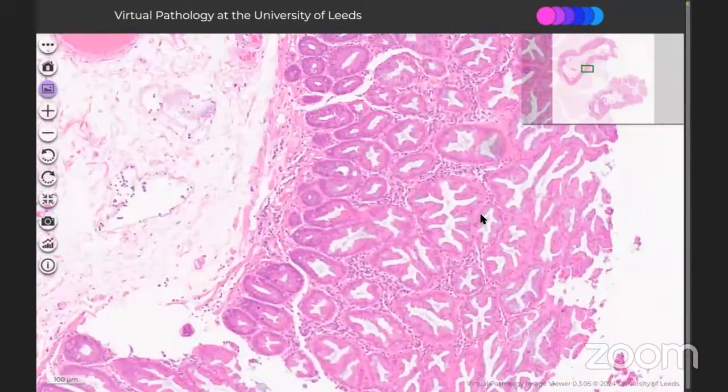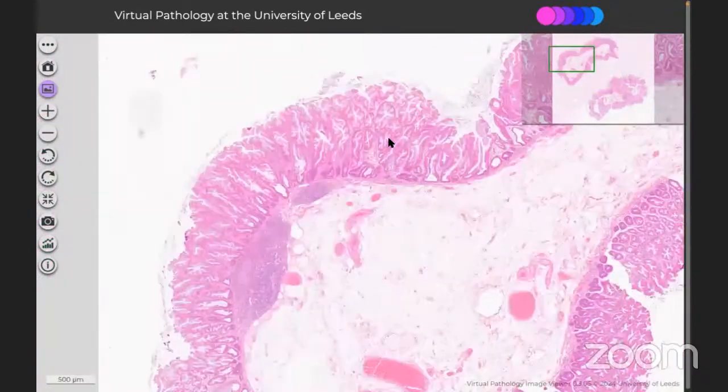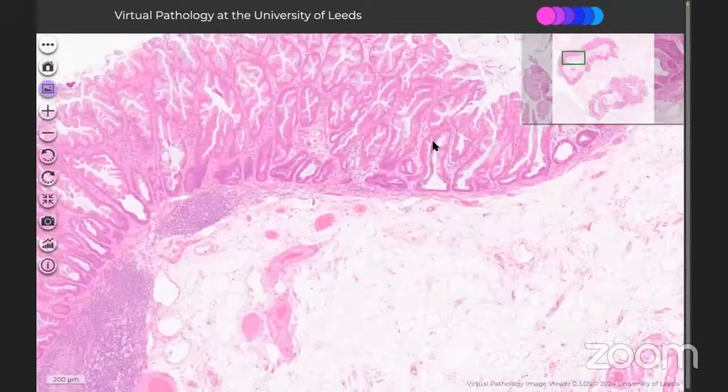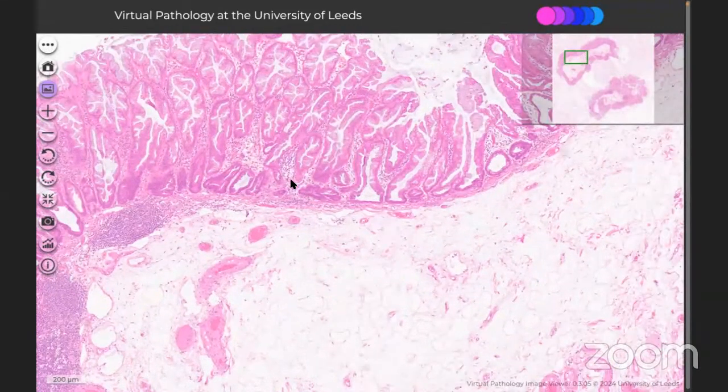If we go to this field where the crypts are better oriented, we see that crypts are going down up to the muscularis mucosae and spreading over the muscularis mucosae in an inverted T or inverted L shaped pattern, also known as boot shaped crypts. Okay, and the serration is identified along the length of the crypts.